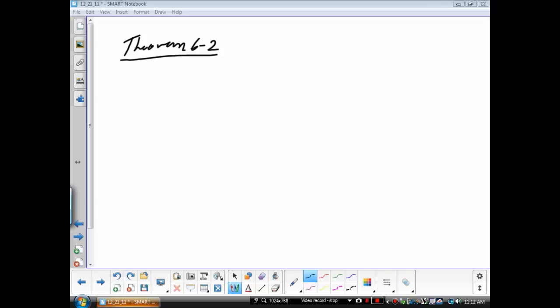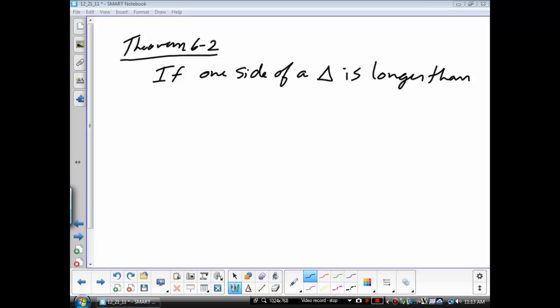So, if one side of a triangle is longer than a second side, then the angle opposite the longer side will be larger than the angle opposite the shorter side.